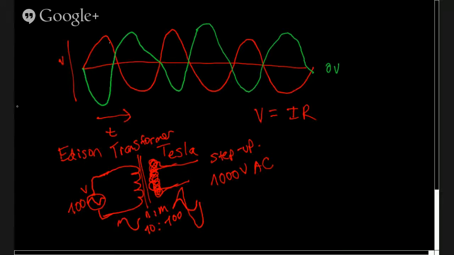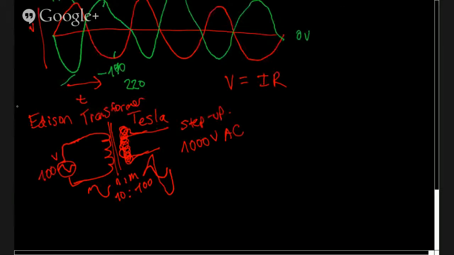But if you were to take the potential between them, if this is 110 volts positive, and this is minus 110 volts, the potential between here and here is 220. And that's how big appliances work. You've got 2 phases coming from the power company.